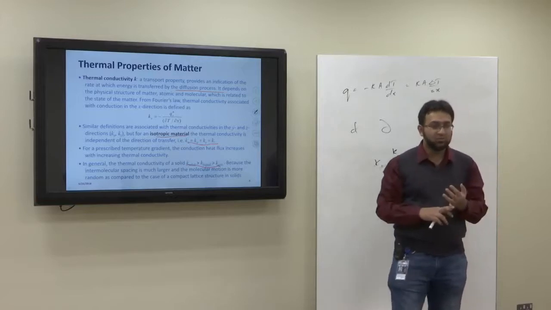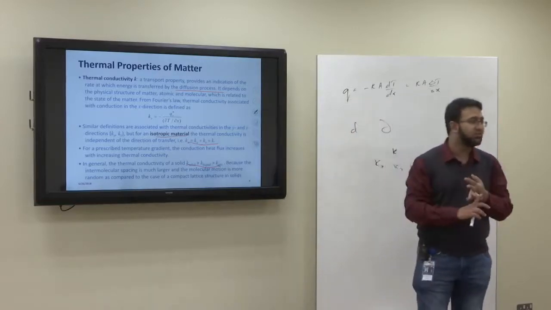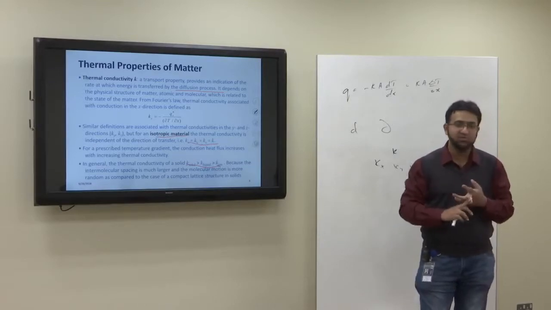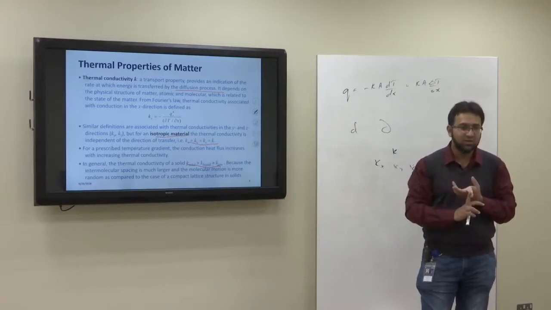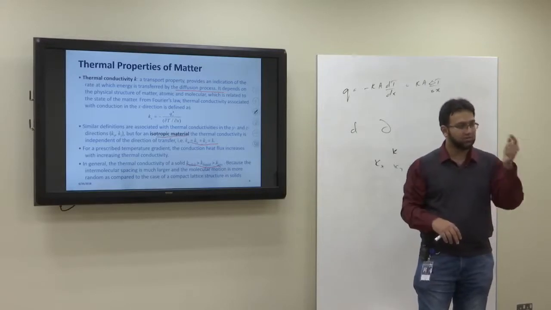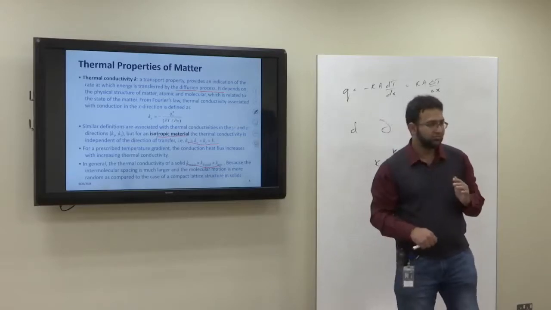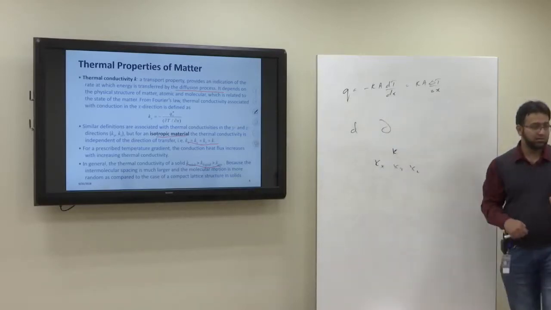So there is a diffusion property within the solid, within the liquid, and within the gas. But heat diffusion within solids is very high compared to that of liquid, and liquid is higher than that of gas. And you do understand now why.